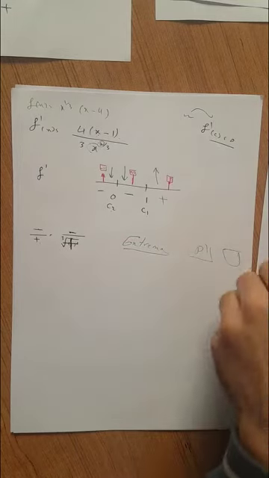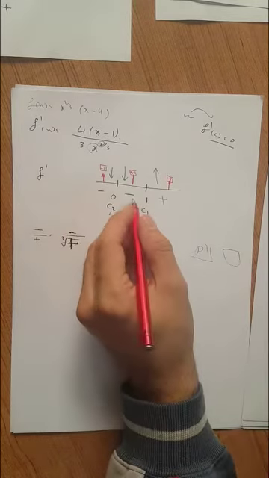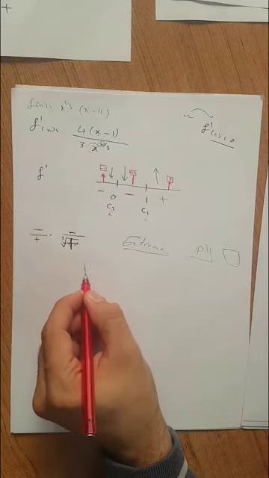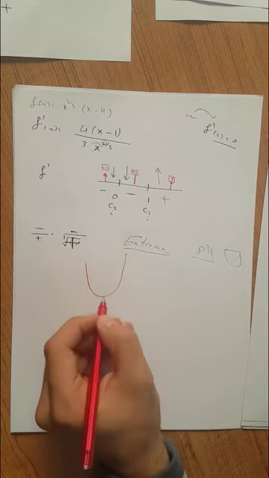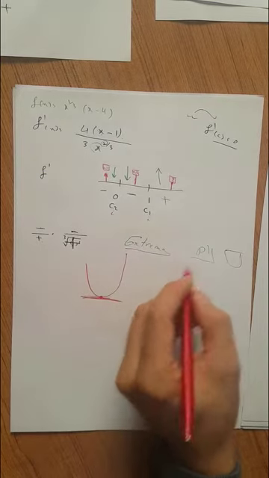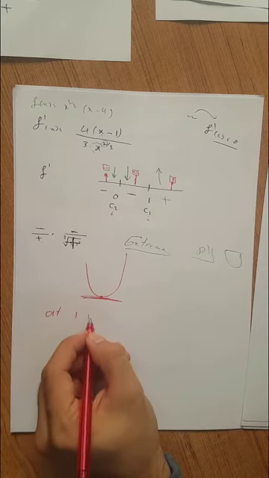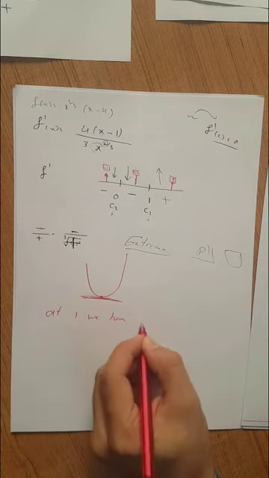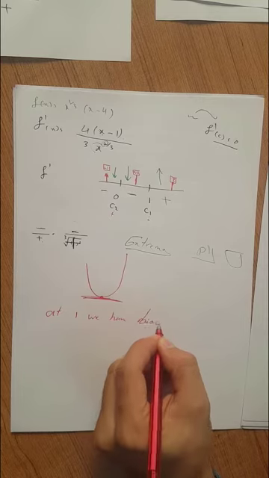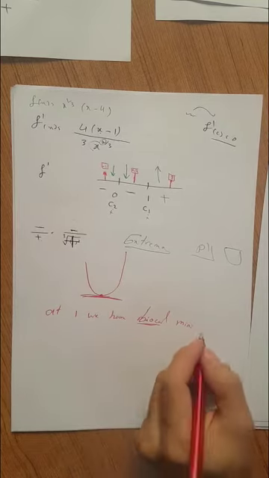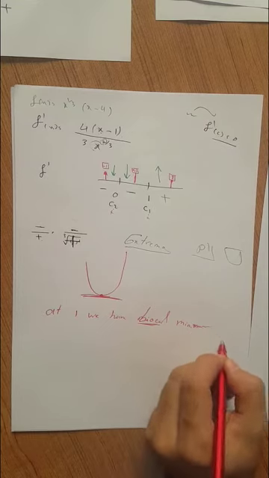Because there is a change from negative to positive, look, decrease changes to increase, so at 1 we have a local minimum. If you don't say local, it's okay, minimum.